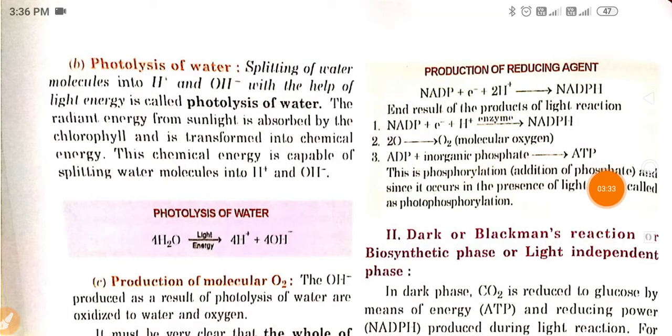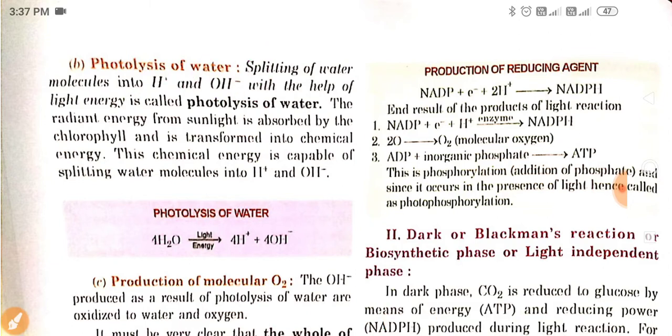Next is photolysis of water. Splitting of water molecules into H ion and OH minus ion with the help of light energy is called photolysis of water. So H ion is one proton, and OH minus is the hydroxyl ion.